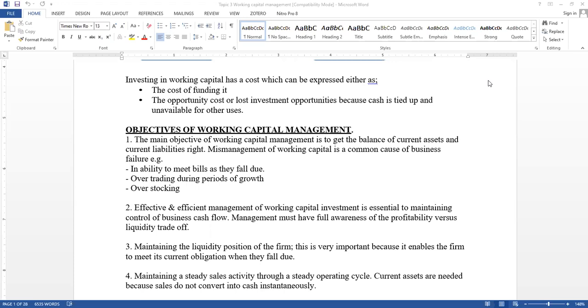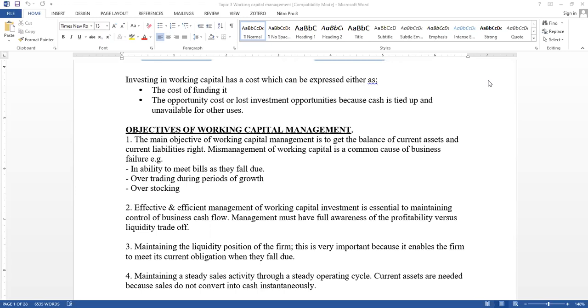Current liabilities are obligations which are short term. You find that the month has ended, you have to pay salaries. That is a current liability. You have to pay power bills. You have to pay water bills. All those are current what? Liabilities. In other words, obligations that are short term.